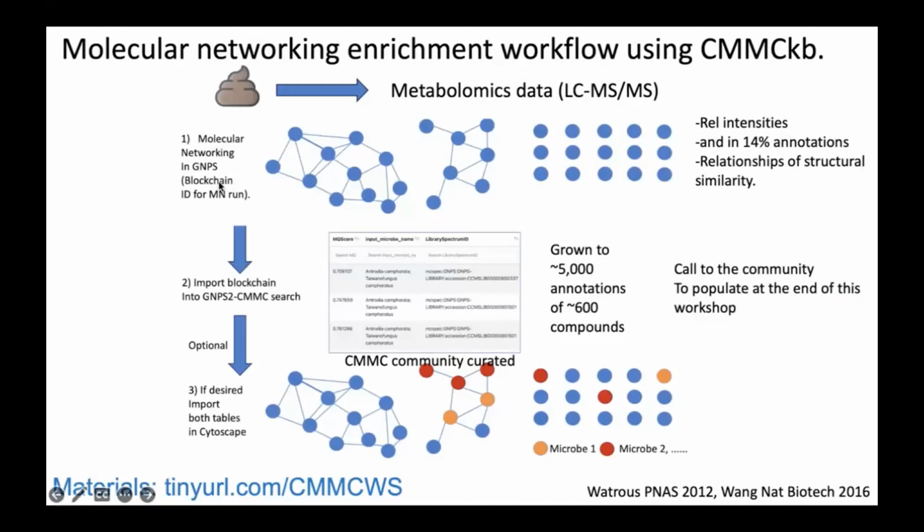Basically, it's a permanent link to the data analysis, so it's easy to reproduce. You can clone it and then do the same analysis or slight variations of it. And that blockchain can now be imported into the CMMC search, and it will search the knowledge base so that you can import it into Cytoscape and really visualize which ones are coming from microbes and what microbes are able to produce it.